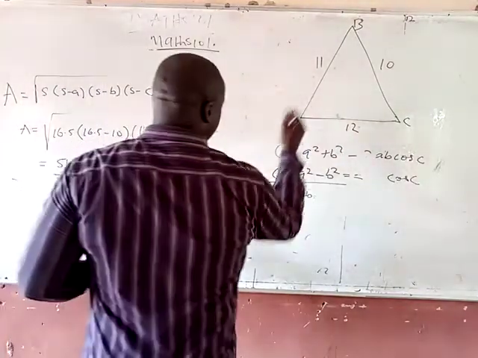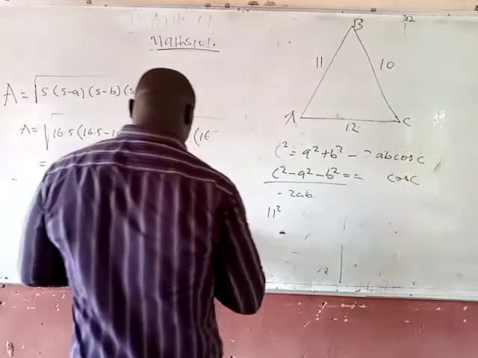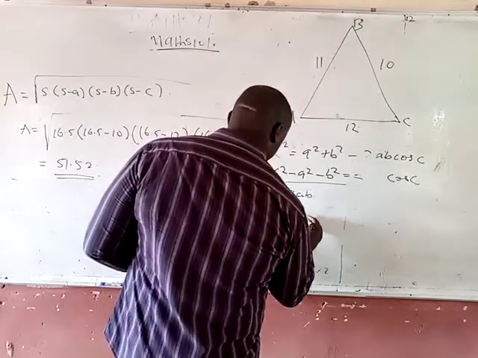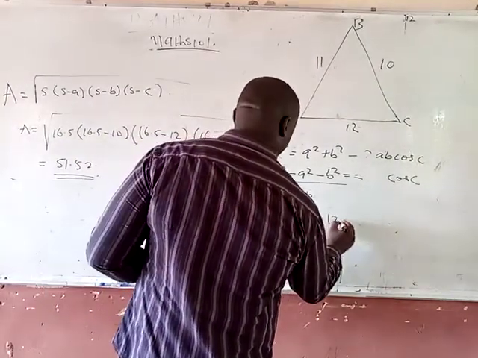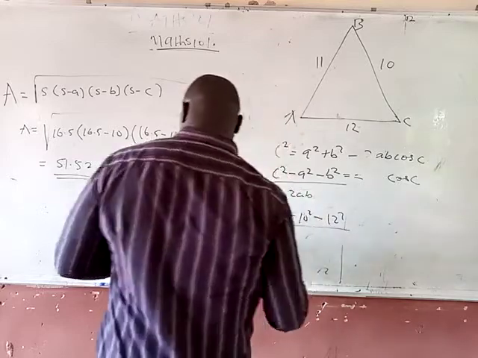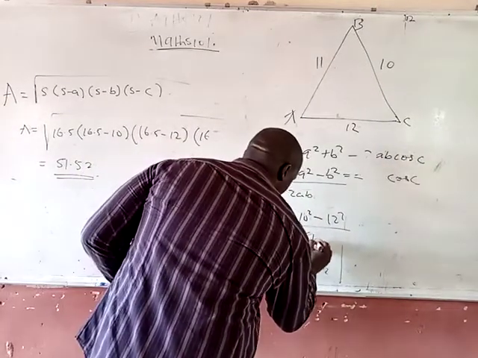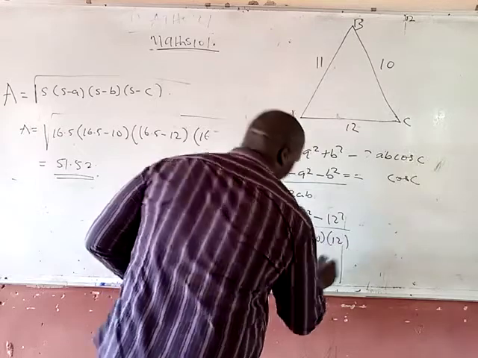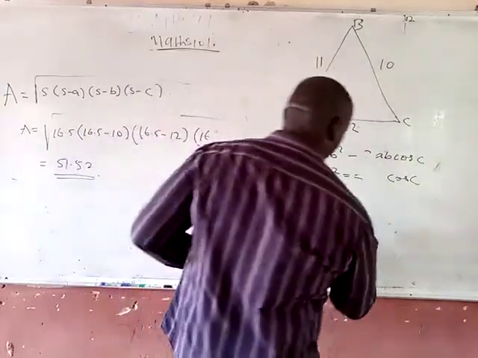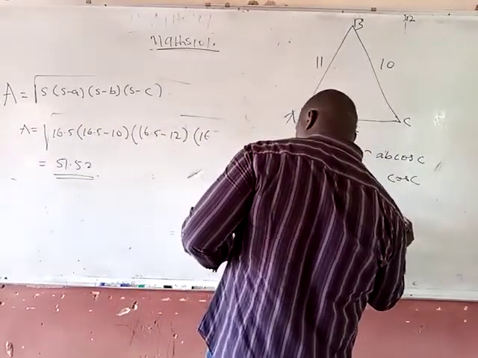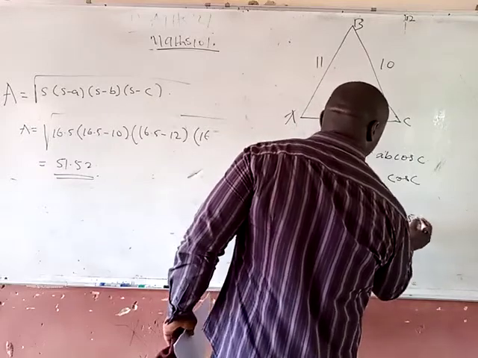So our C is what? 11 squared minus 10 squared minus 12 squared all over minus 2 times 10 times 12. And if you do that, we're going to have 0.5125, right?